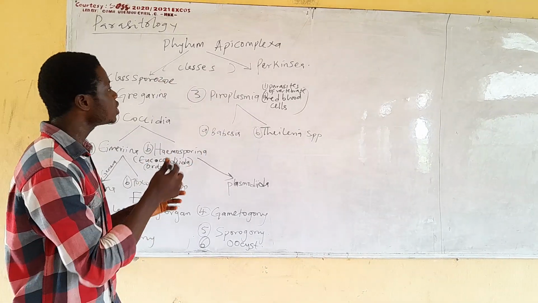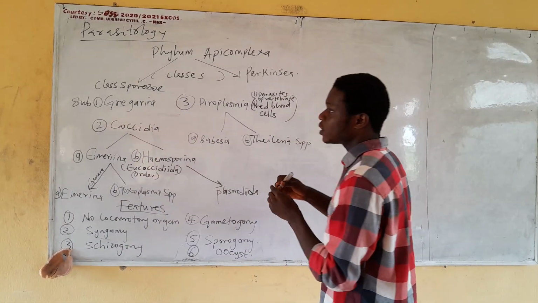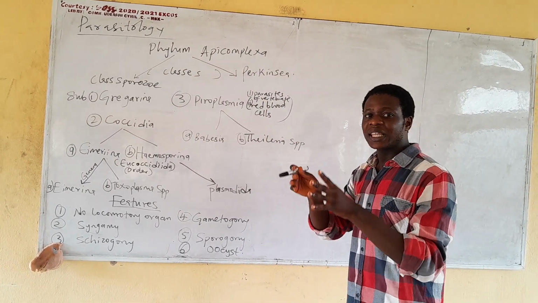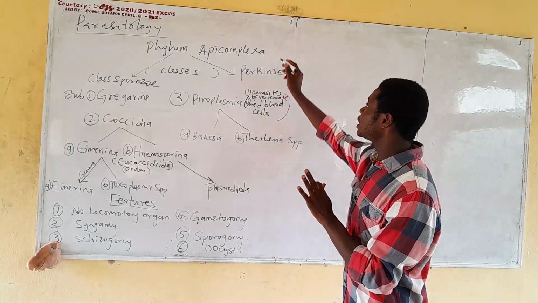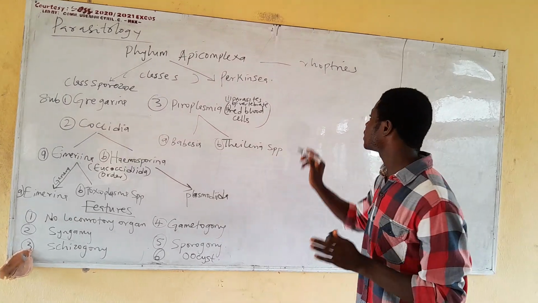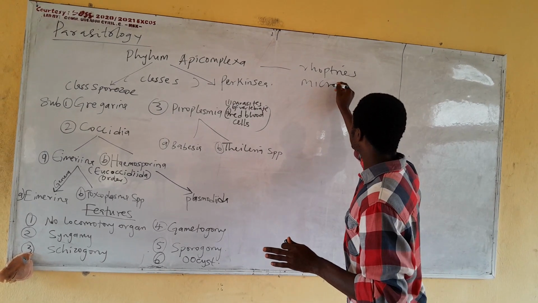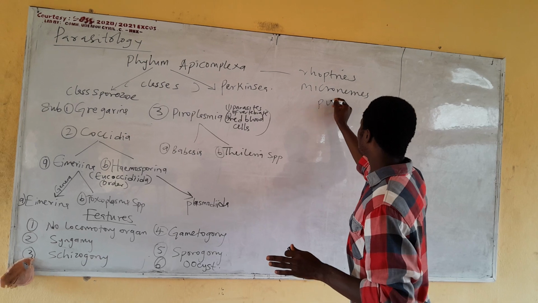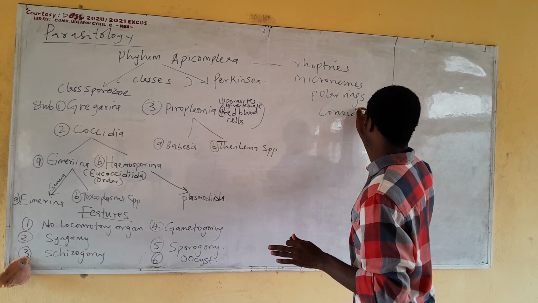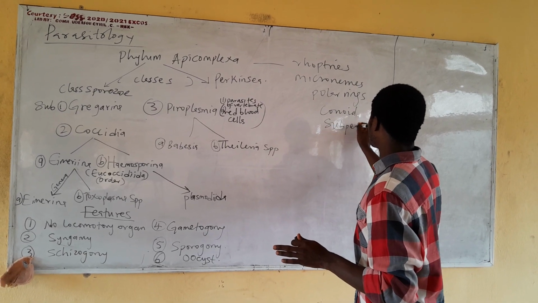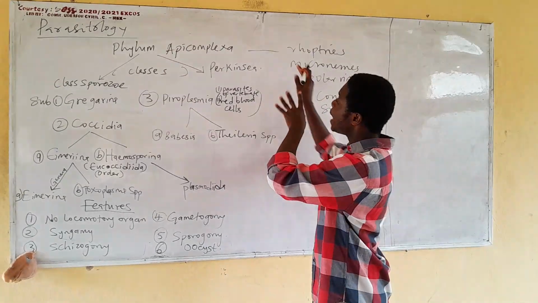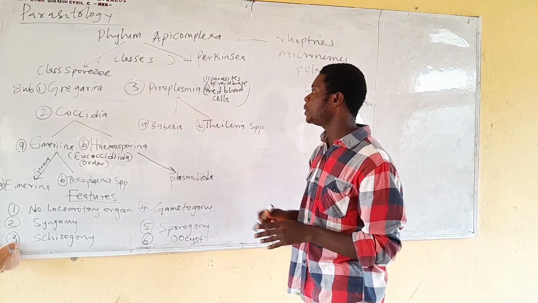At the apex of this phylum, it consists of a complicated apex, which contains the rhoptries, the micronemes, the polar rings, the conoid, and the subpellicular tubules. So these are what are found at the apex of the phylum Apicomplexia.